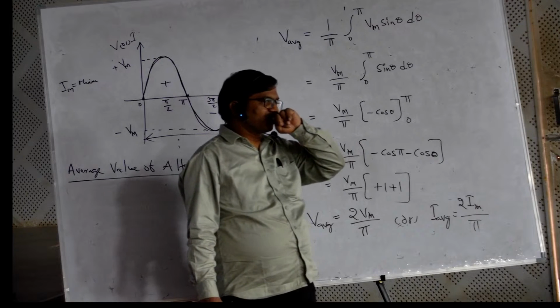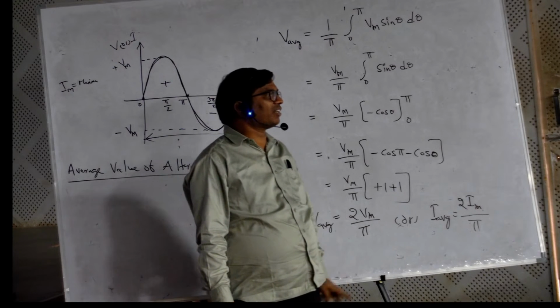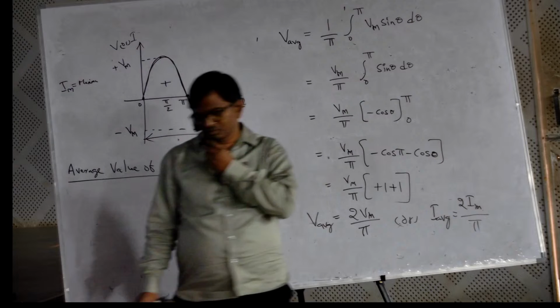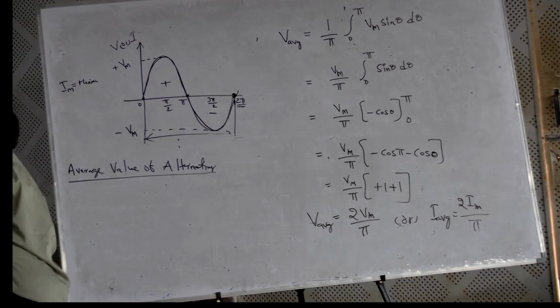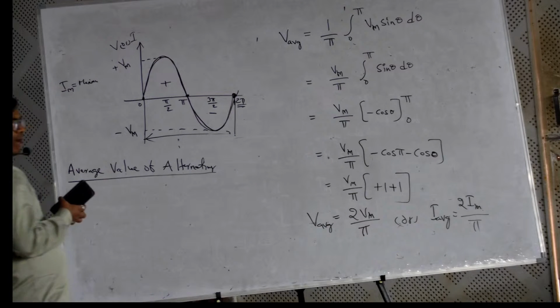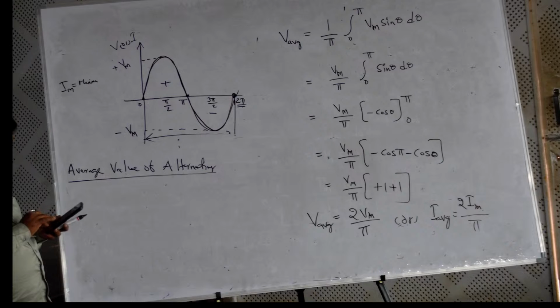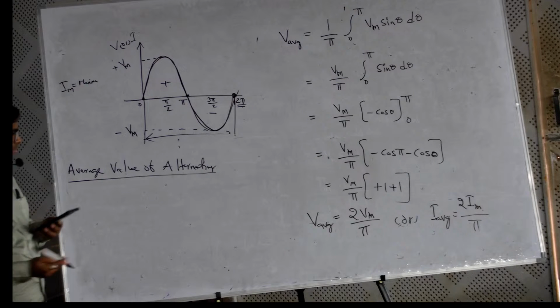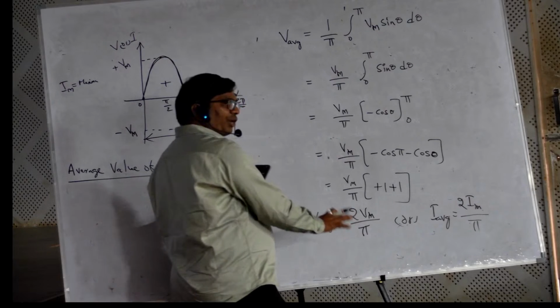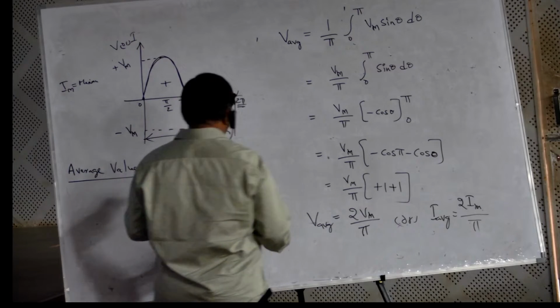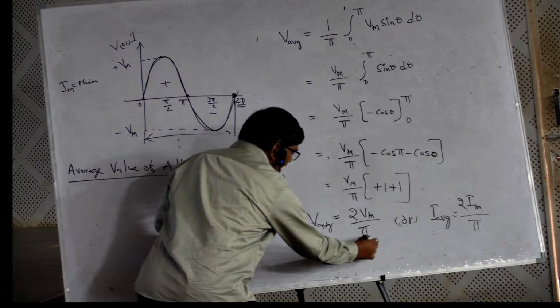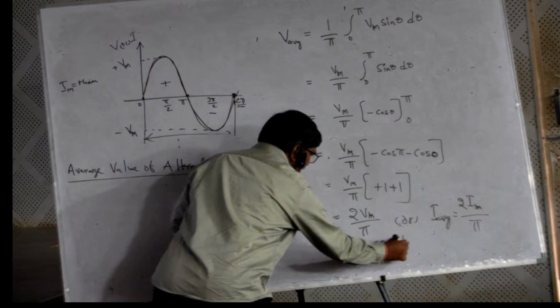It comes to 0.6... No need to convert, but if you want to convert, you can write this as 0.636 Vm.